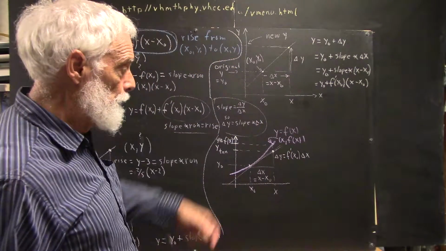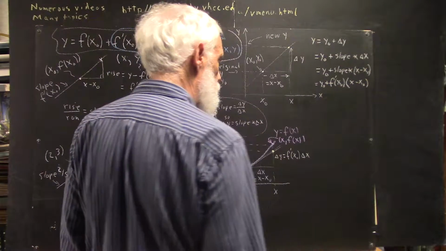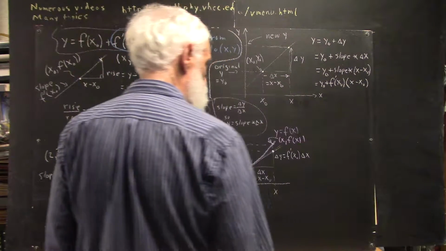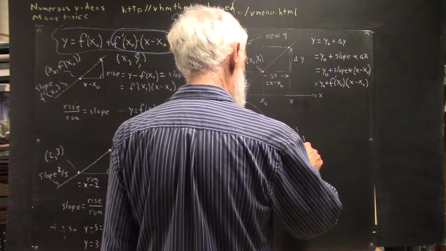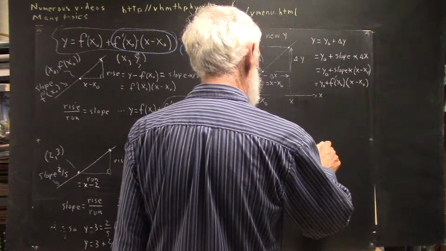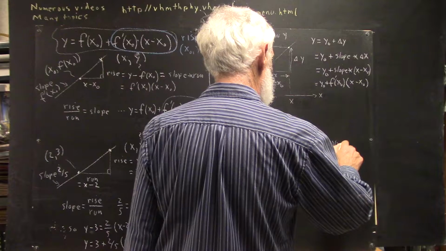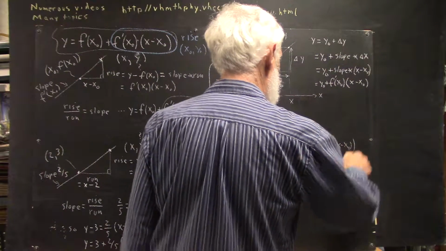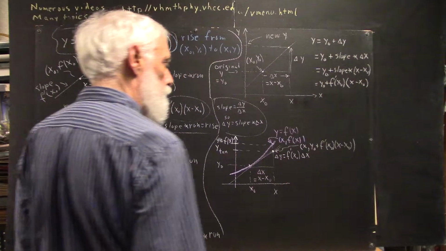Okay, that's this point. And the coordinates of this point here are x, y naught plus f prime of x naught times x minus x naught. Okay, those will be the coordinates of this point.